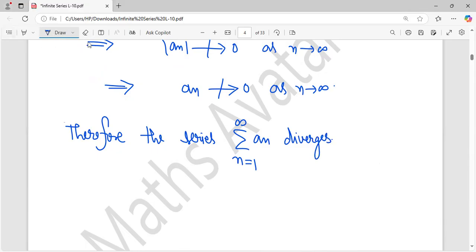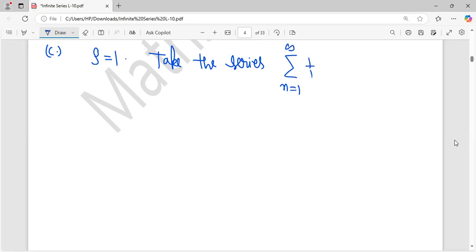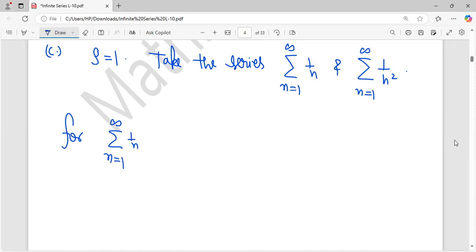Now, the C part, rho is equal to 1. Take the series summation n goes from 1 to infinity of 1 upon n, and the summation n goes from 1 to infinity of 1 upon n square. So for this series, what do we have?